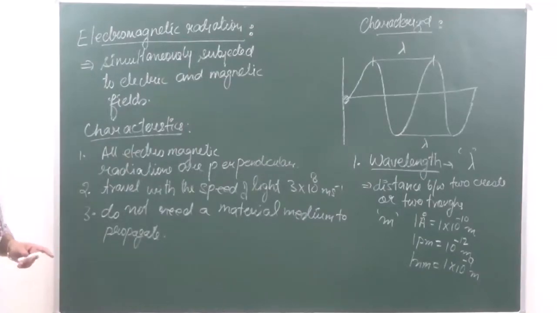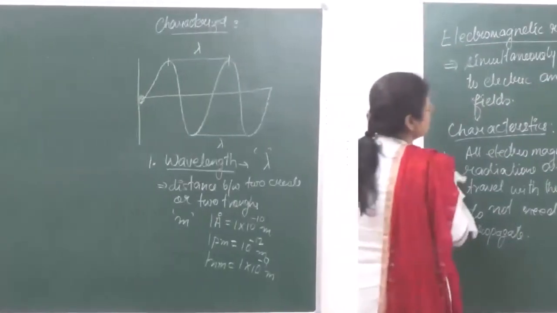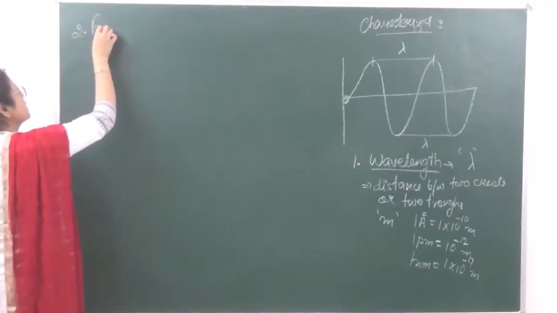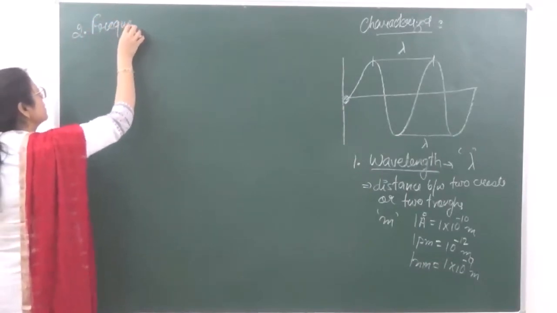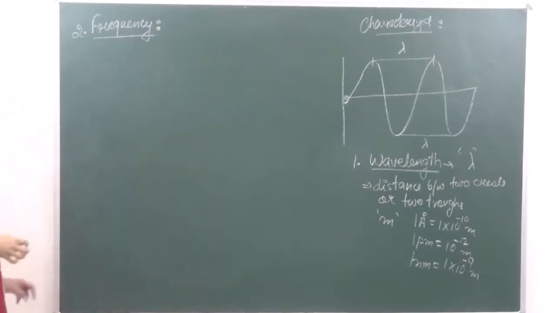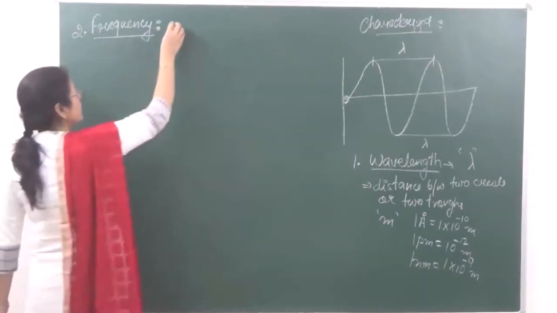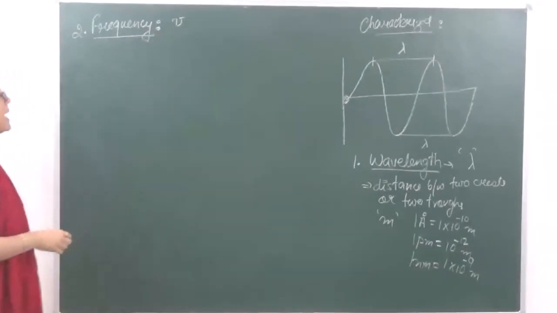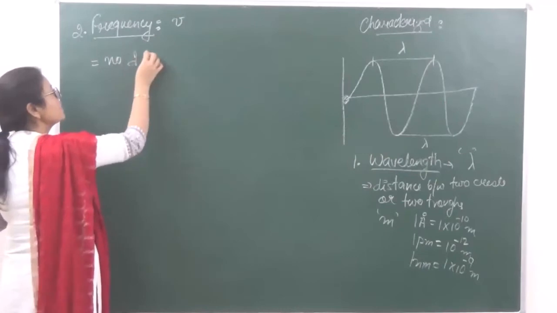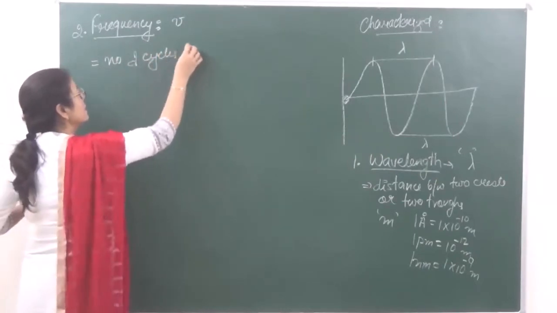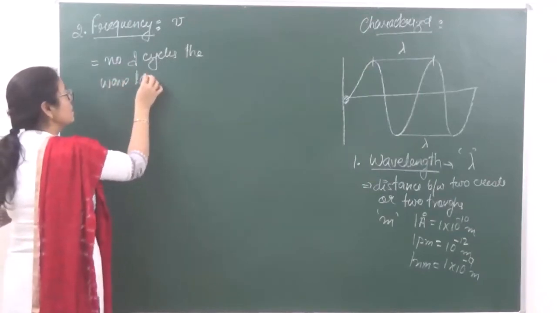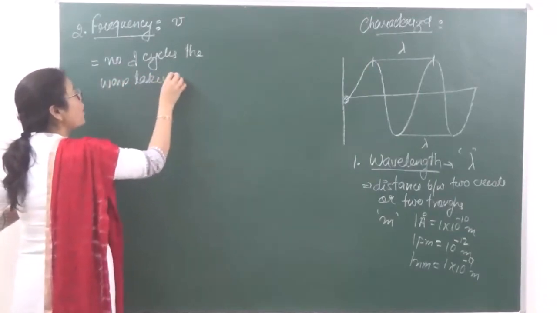Then the second characteristic which we are going to study is frequency. Frequency is denoted by nu, and it is the number of cycles the wave takes in 1 second.